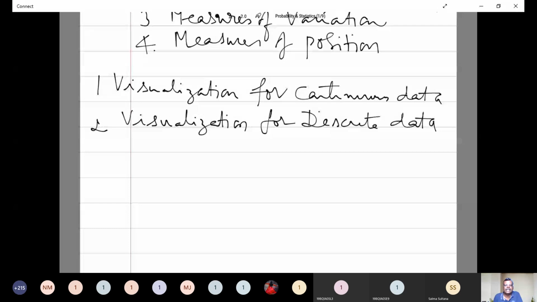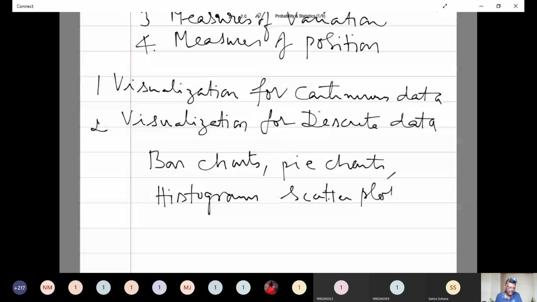Now, for this visualization, generally we have to use bar charts, pie charts, histograms, scatter plot and box plot.